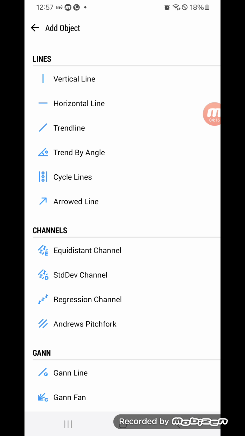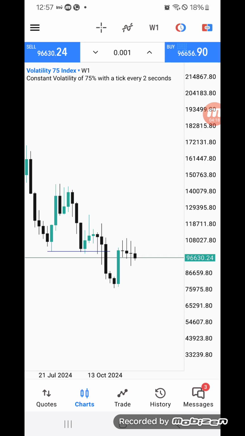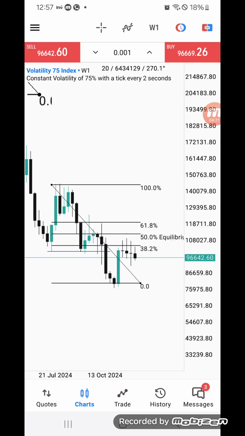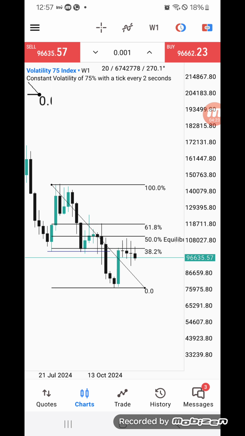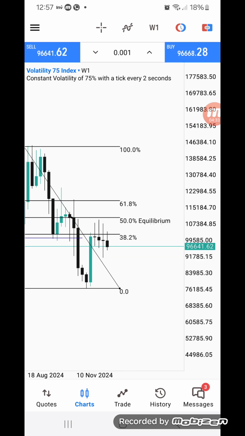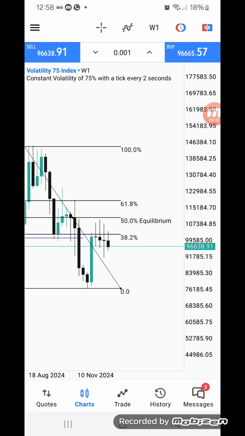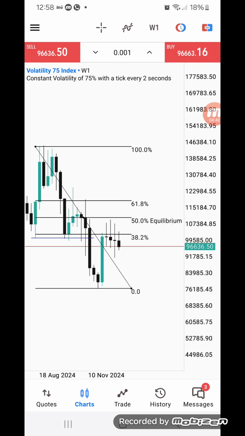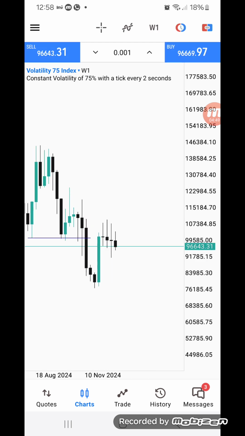When you take your Fibonacci and drag it from the old high to the lowest point, you can see the market only retraced up to the equilibrium. It is still within the discount, it did not go up to the premium zone, where we are supposed to look for our sales.